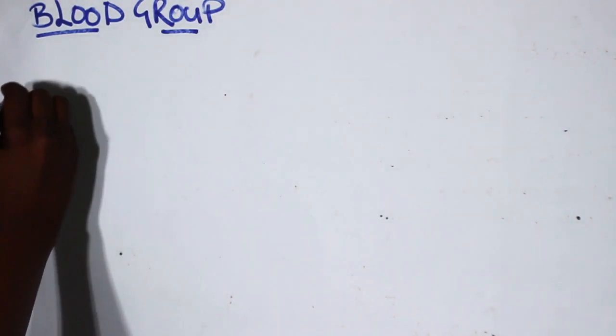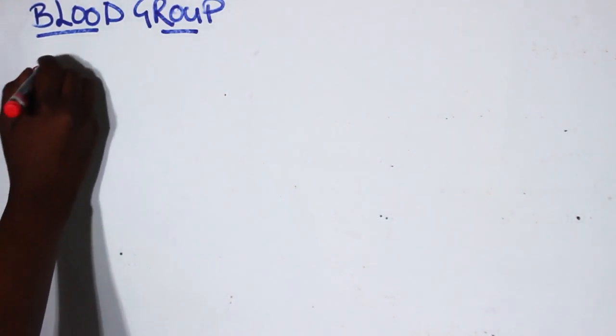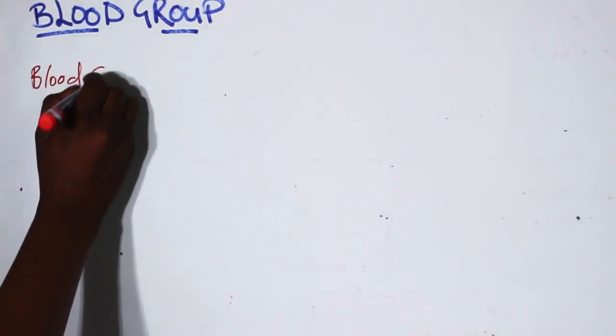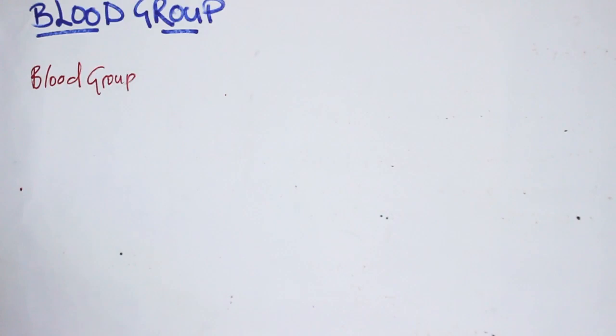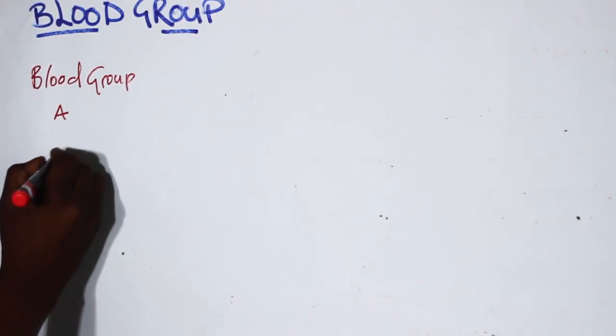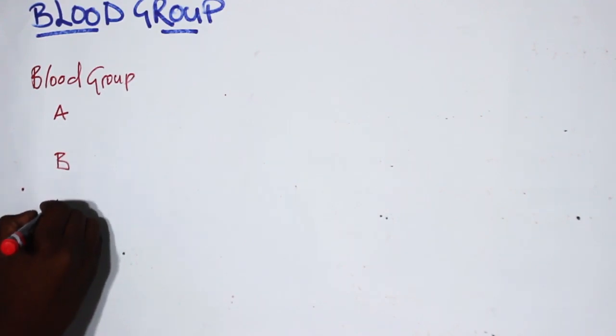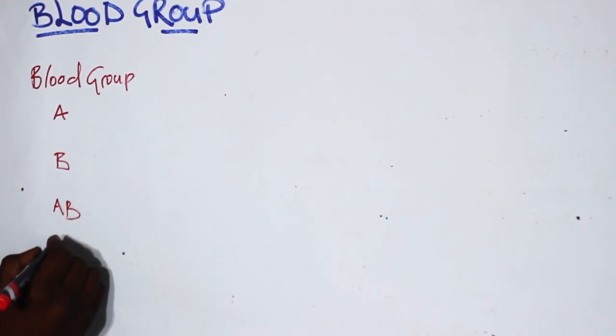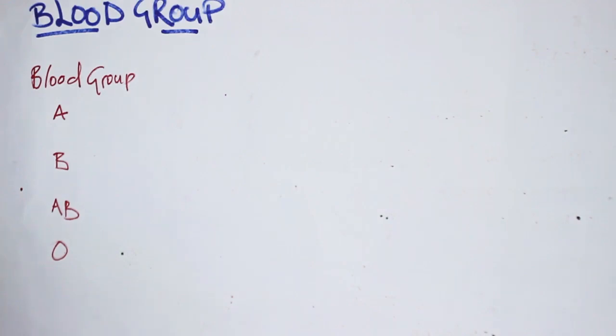So we have blood group A, blood group B, blood group AB, and blood group O. So these are the 4 types of blood groups.